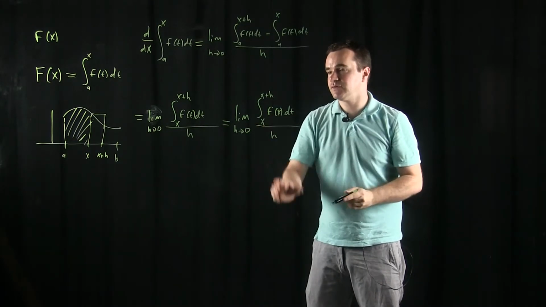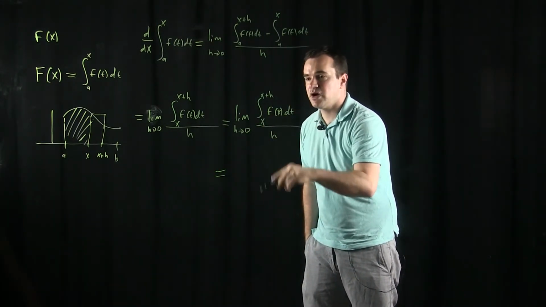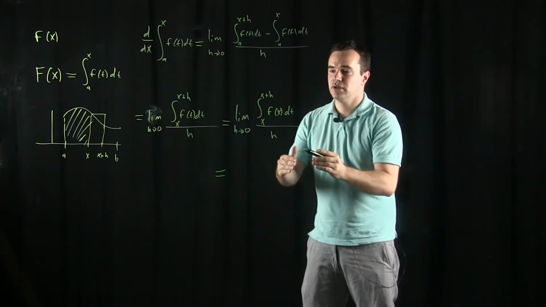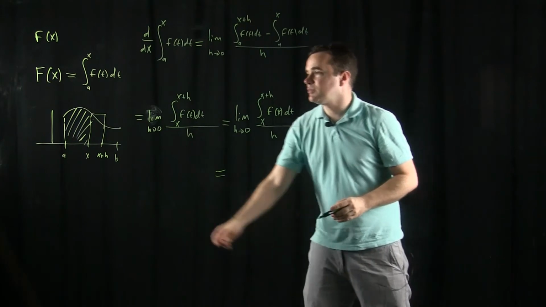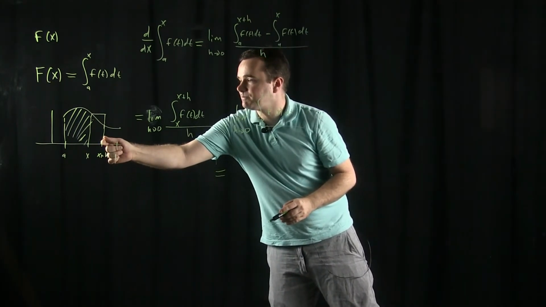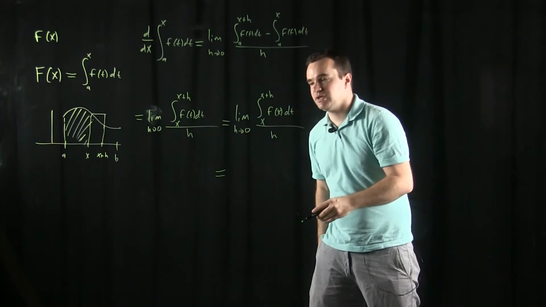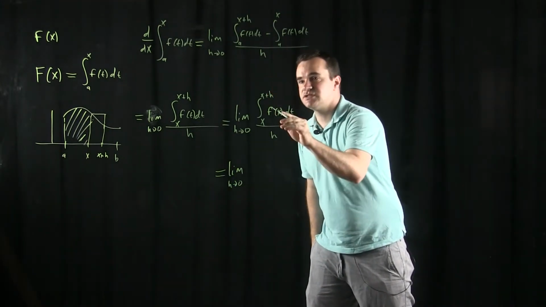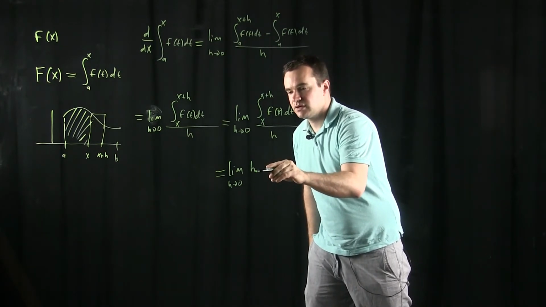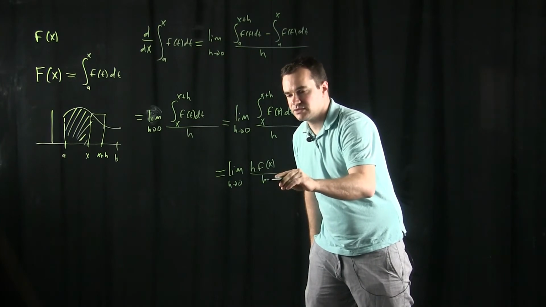And this integral of a constant we learned in a previous video. The integral of a constant is nothing but the area of the rectangle, so it's going to be base times height. The base has length h and height f of x. So this is going to be the limit as h goes to 0 of h times f of x over h.